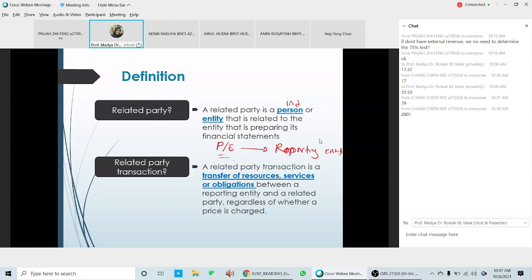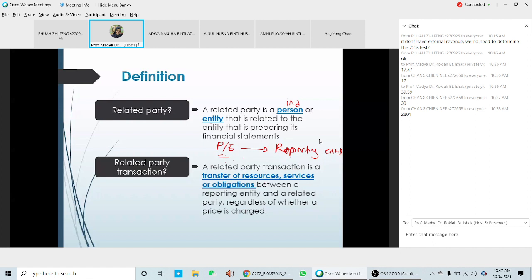What is a related party transaction? It is a transfer of resources, services or obligations between the reporting entity and a related party, regardless of whether a price is charged or not. When you have a related party transaction, there is going to be a conflict of interest, because the person you are dealing with may give, for example, a reduction in the price.